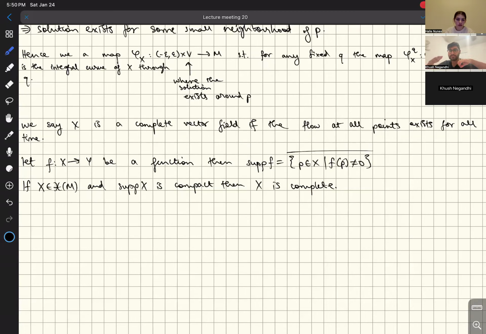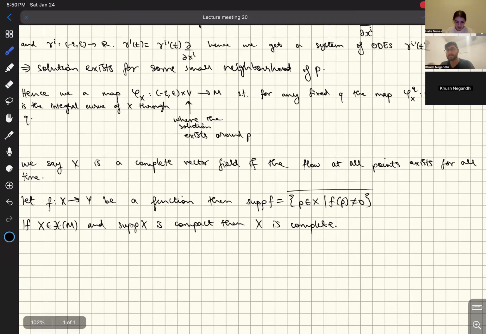And since it's zero, the flow exists for all time because you're just staying where you are. Very simple. Inside is where it gets interesting, because now you use the fact that it's compact, so every open cover has a finite subcover.